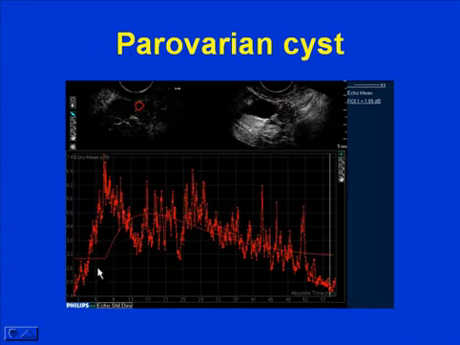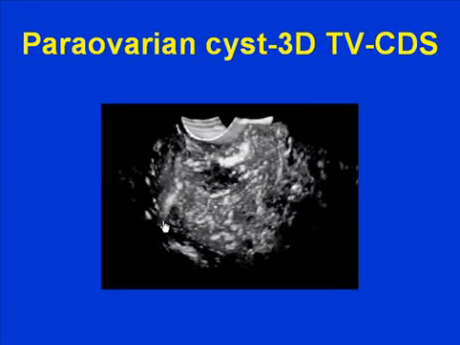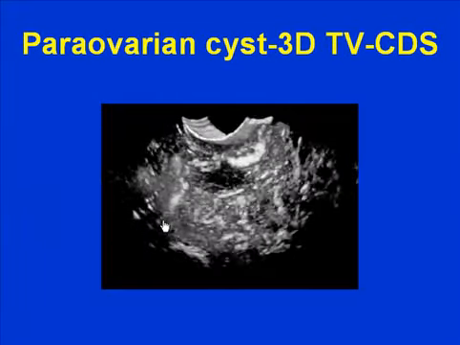Now, here's the time activity curve when we look at this area of interest, and we can see that there's a relatively sharp upstroke, but relatively little as far as peak intensity. And this is the 3D of this lesion showing the vessels and their distribution.